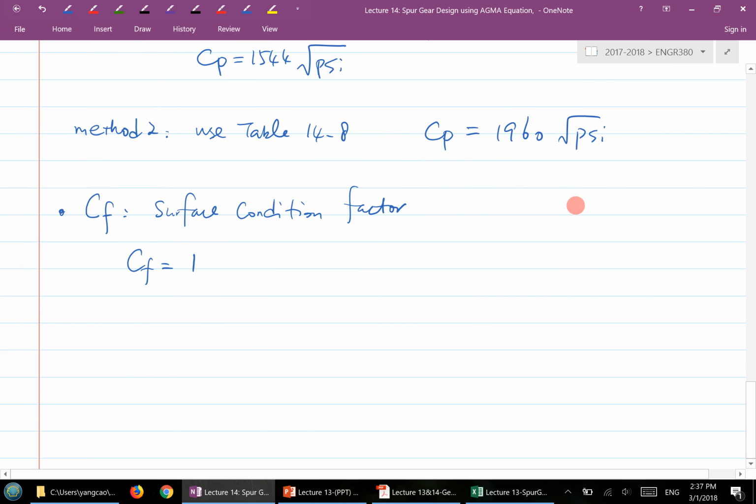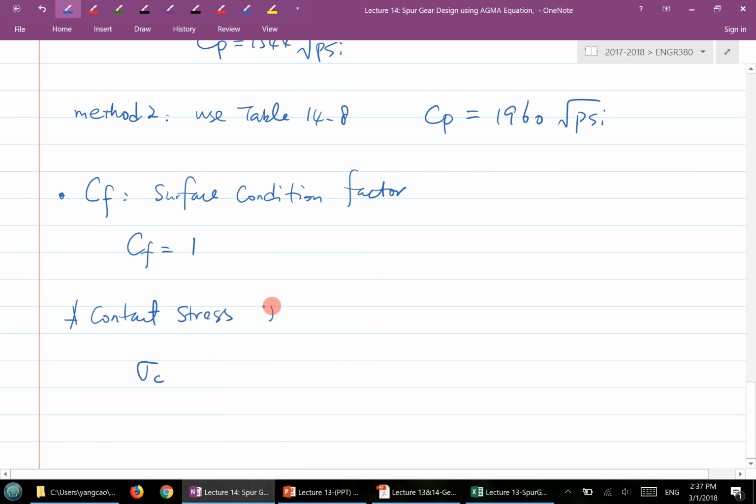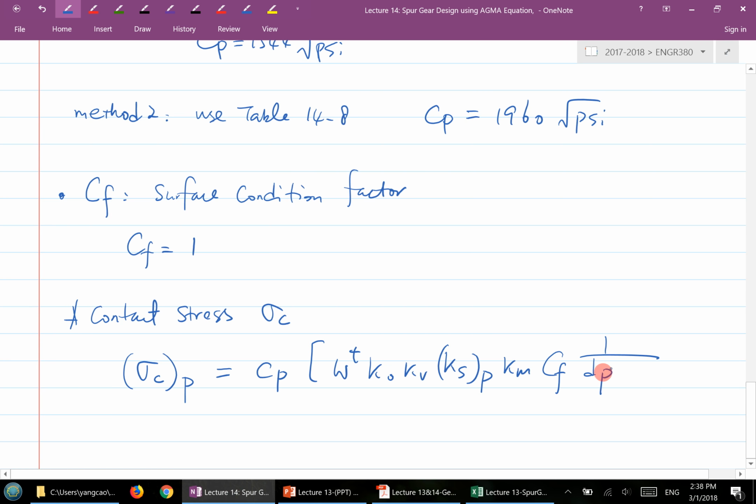So now we're ready to calculate the contact stress. We'll call it sigma C for the pinion. It's Cp times Wt, Ko, Kv, Ks for the pinion, the alignment factor Km, the surface condition factor, over dP, the pinion pitch diameter, times face width, times the geometry factor I, all under a square root.